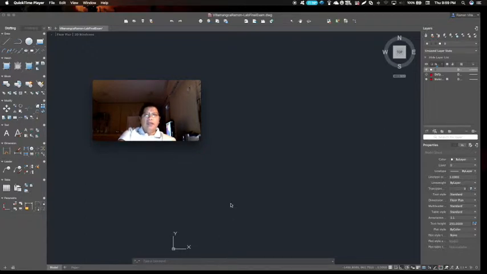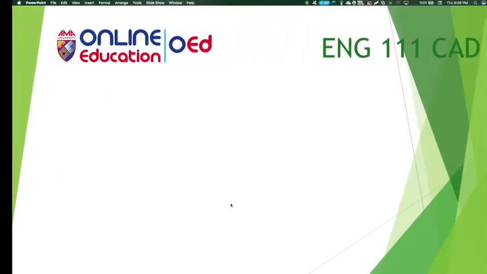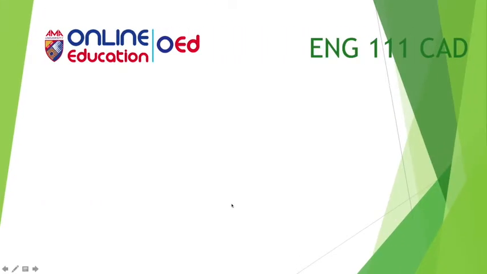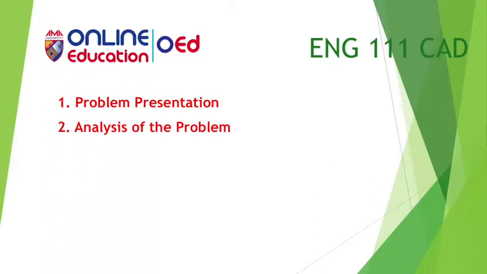I'll divide this video into 5 parts. First is the problem representation, where I'm going to basically read through the exercise instructions downloaded from the LMS. Next, I'm going to present an analysis of the problem to show the difficulties and missing information and how I tackled them to solve them.